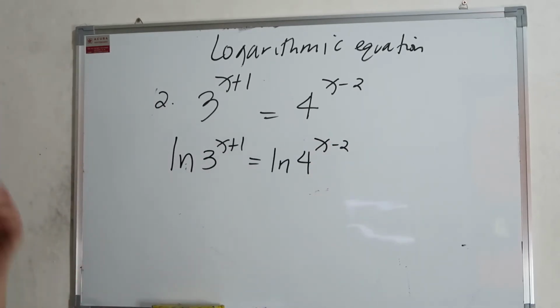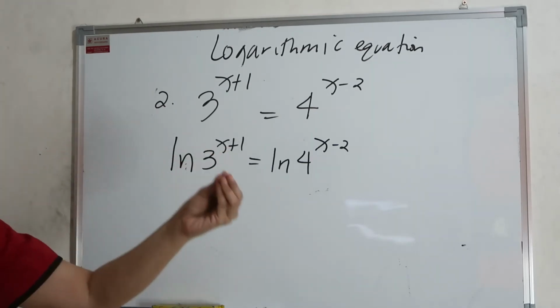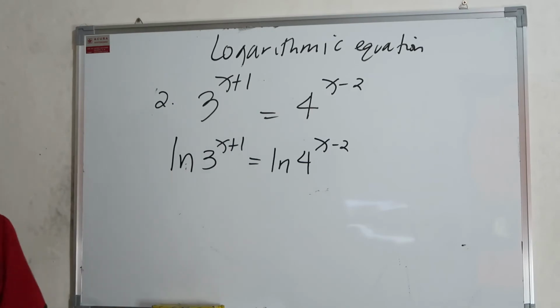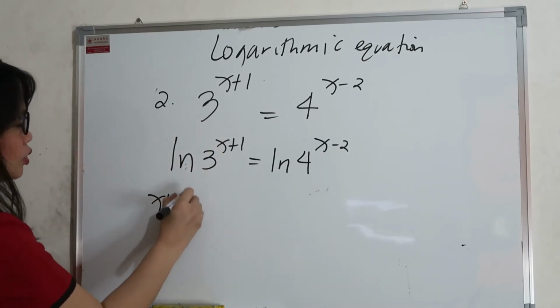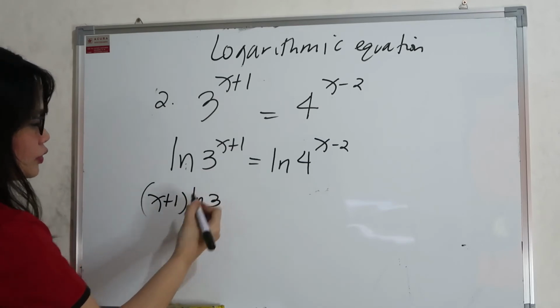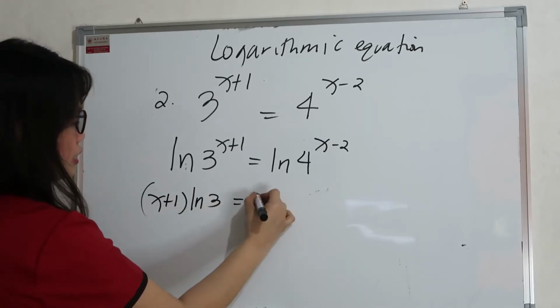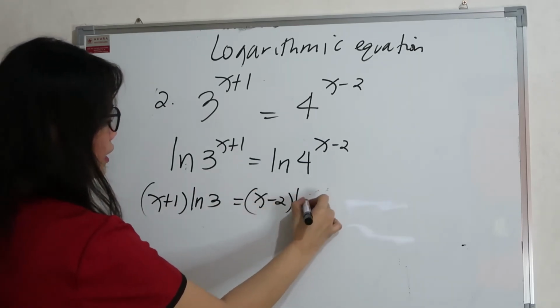After we use ln or log, what's next? There's an exponent, so we write the exponent in front. That becomes x plus 1 times ln of 3 is equal to x minus 2 times ln of 4.